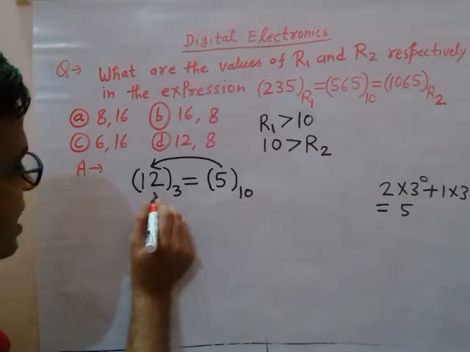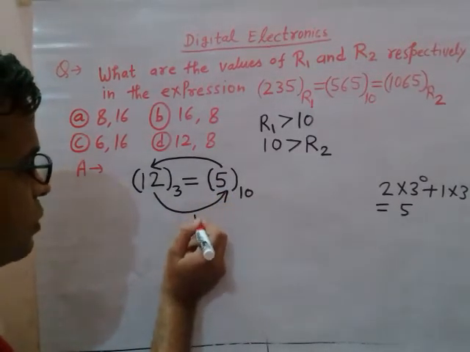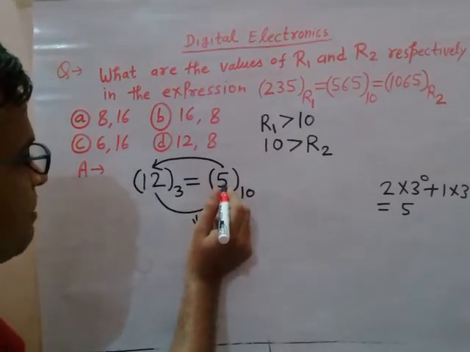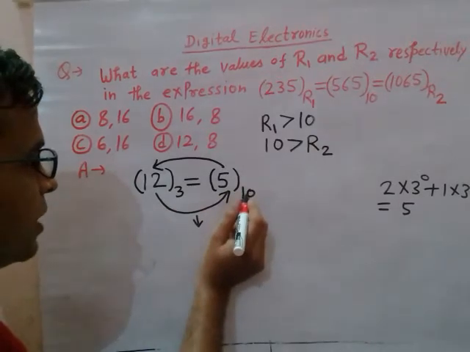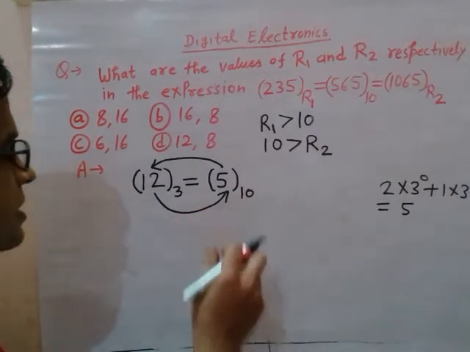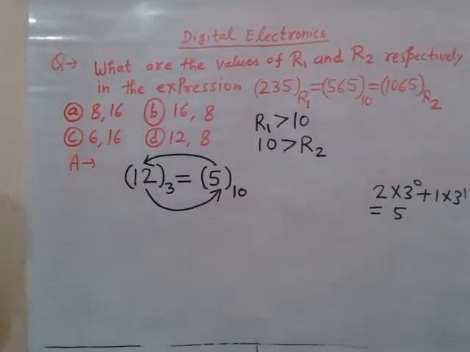Conversely, I can say if the value is decreasing from 12 to 5, then the base is increasing from 3 to 10, right? So with this information, you can solve this question, right?